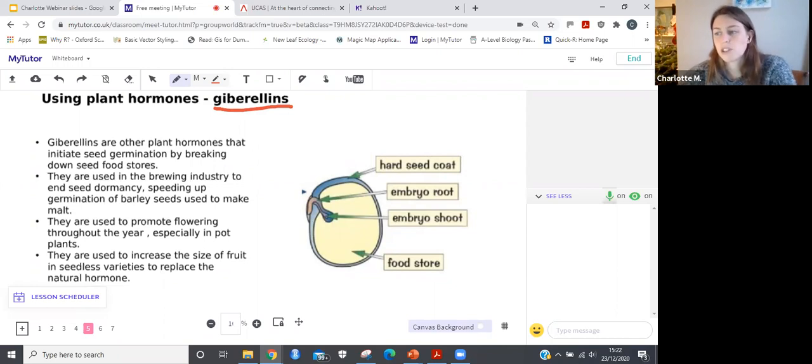Are plant hormones used in organically produced fruits? Really good question. Usually, no. I'm not quite sure on the specifics, because you can get plant hormone products that are organic, because plant hormones are a natural thing. But usually in organic fruits, you definitely wouldn't use any artificially produced plant hormones, but there might be exceptions if you really needed to, so in a really bad year.